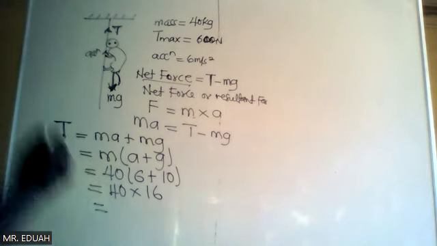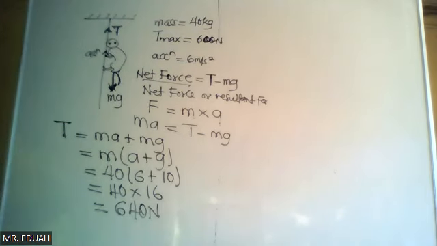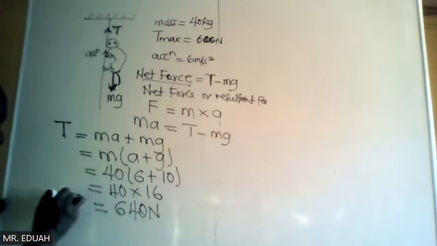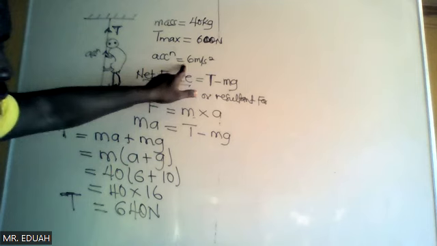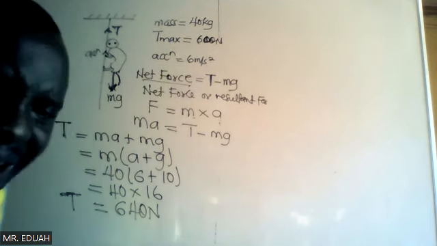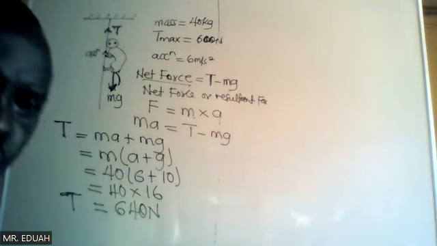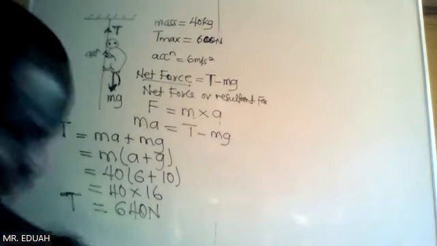640. This is 640 Newton. What it means is that for the monkey to accelerate up to this value of acceleration, the tension within the string to support the monkey must be 640.